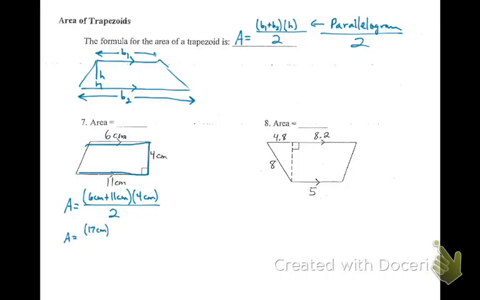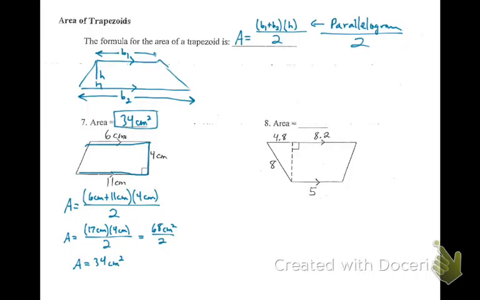Centimeters are like terms. So 17 centimeters times 4 centimeters divided by 2, and that's where we're going to get our units squared from. 17 times 4 gives you 68 centimeters squared divided by 2. So the area is going to be 34 square centimeters. That is going to be the area of that trapezoid.